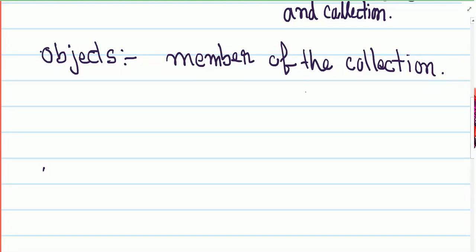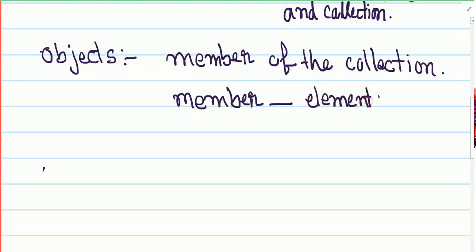For this word member we use the term elements. Keep remembering this word, elements.